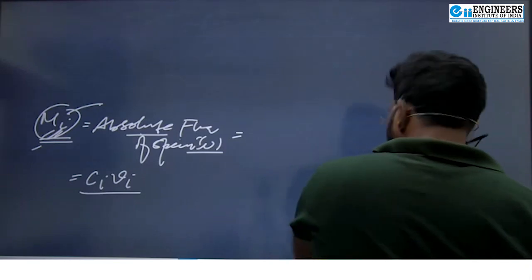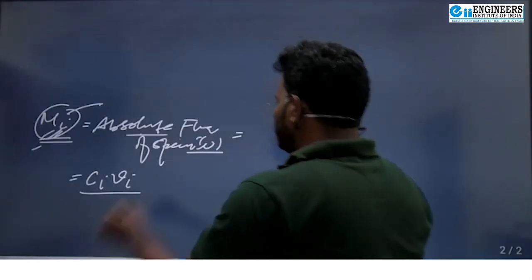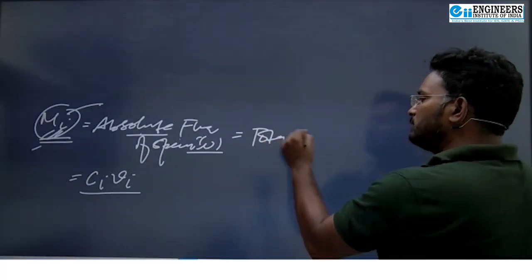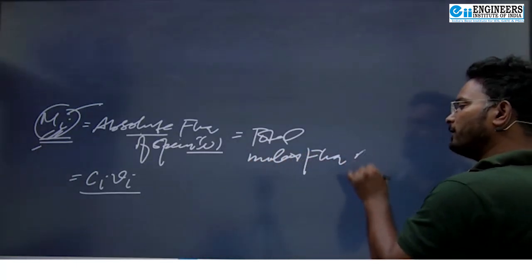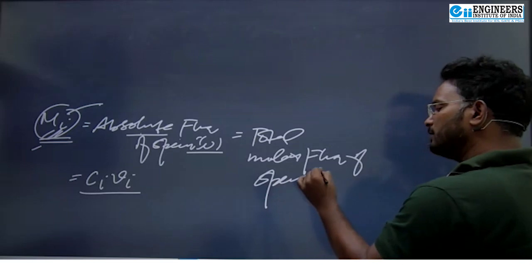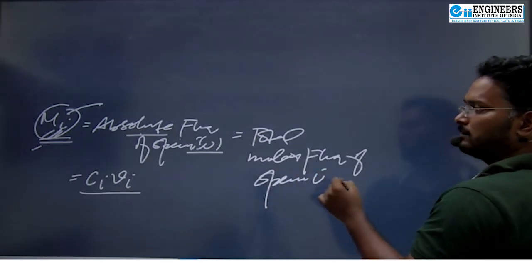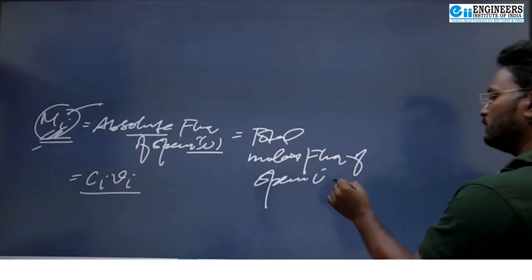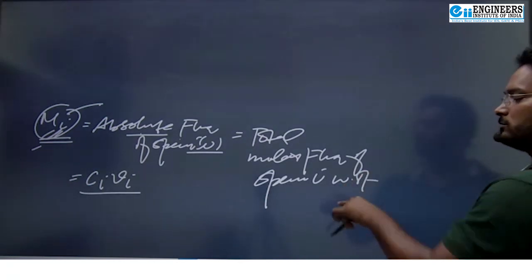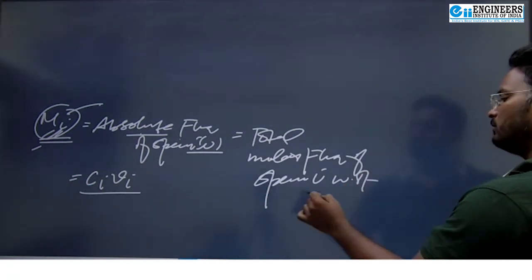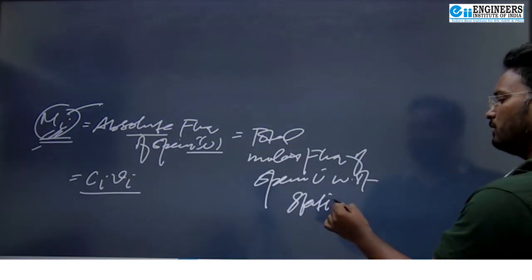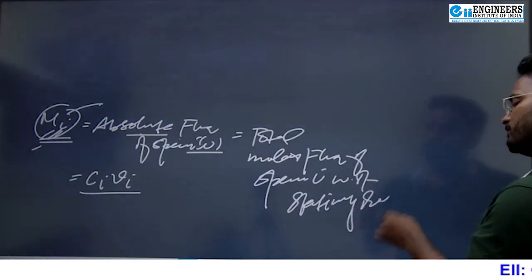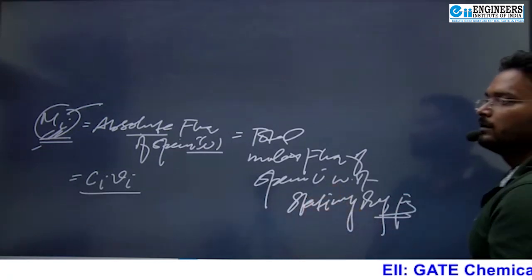So you can write here. Here you have written Ji, right? Now I will write. It is called the total molar flux of species i with respect to a stationary reference frame.